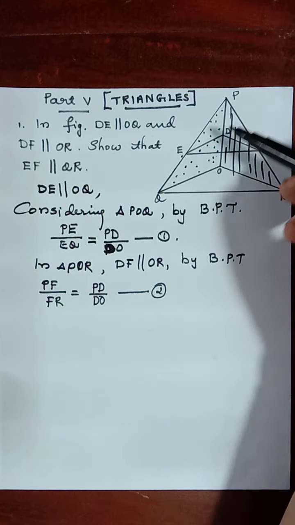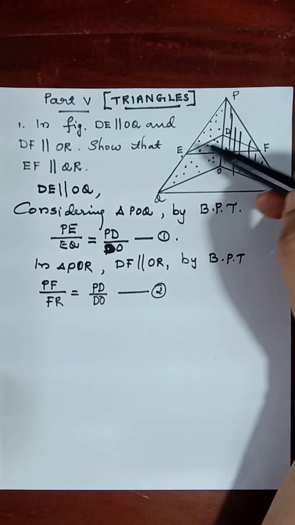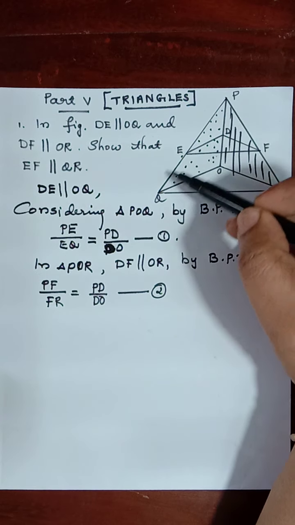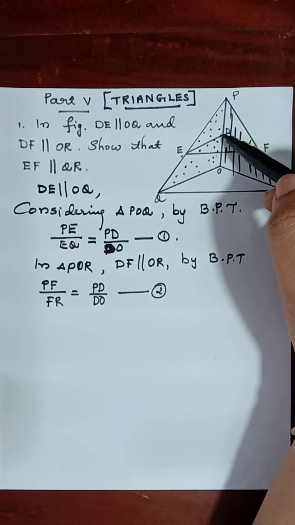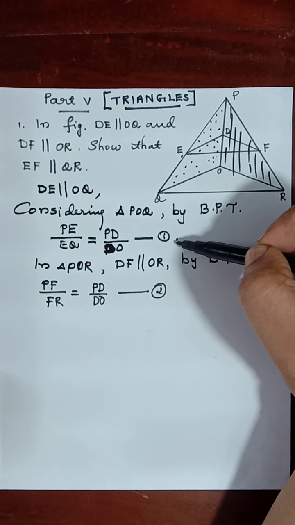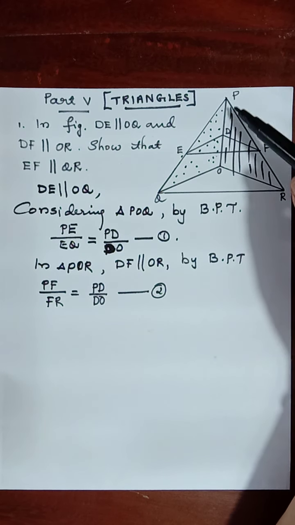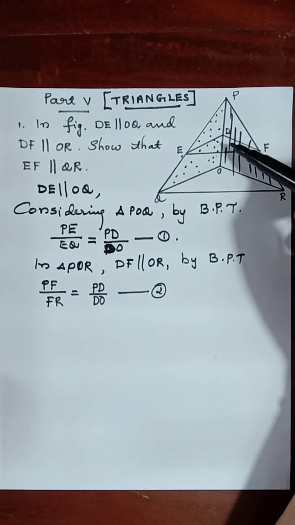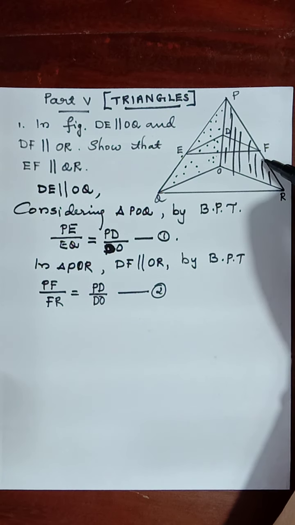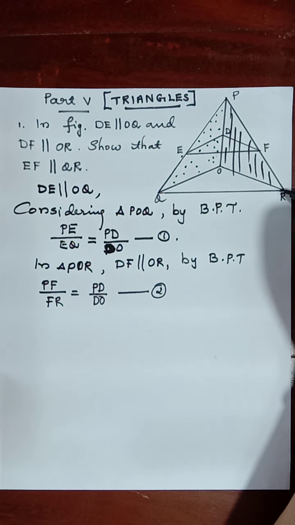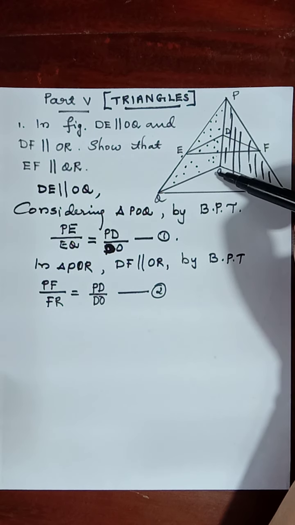Hope you understood. First part: in this triangle, ED is parallel to QO, therefore PE by EQ is equal to PD by DO by the basic proportionality theorem. Next, we consider the second triangle, POR. DF is given as parallel to OR, therefore PF by FR is equal to PD by DO.